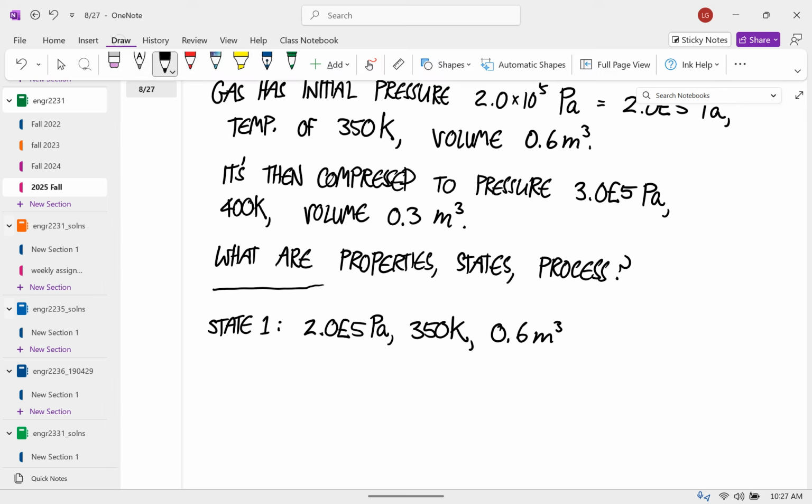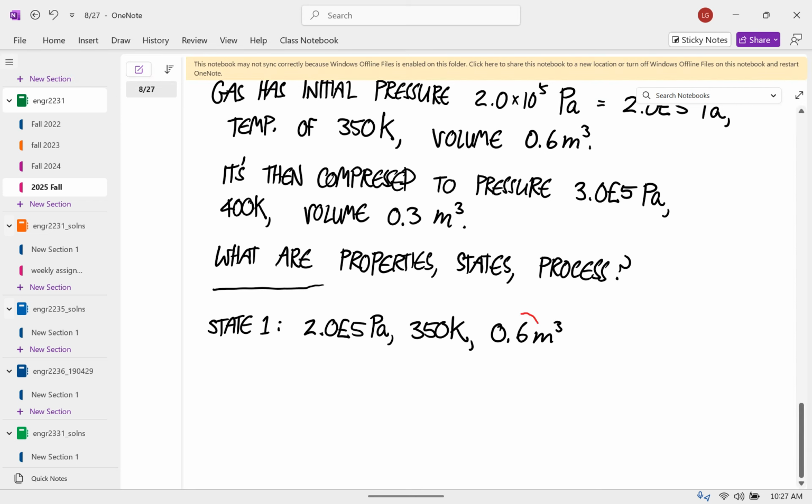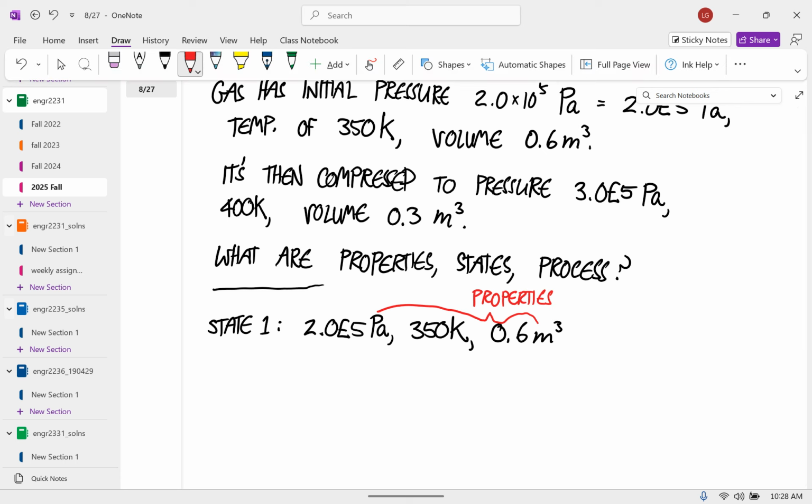These three are the properties. And there are other properties that we just haven't measured that make up this state. This state 1 has a certain entropy, a certain enthalpy, all the stuff like that. We just don't know what those are.